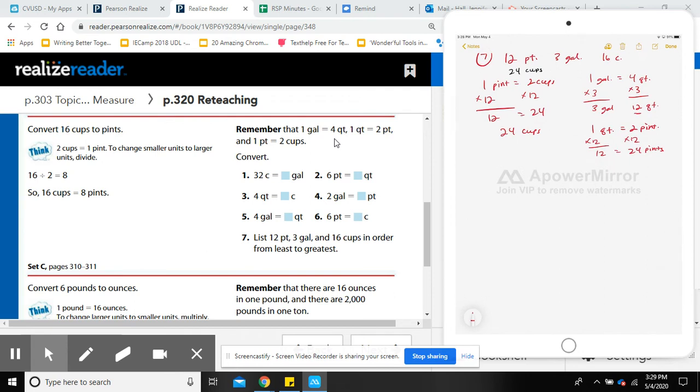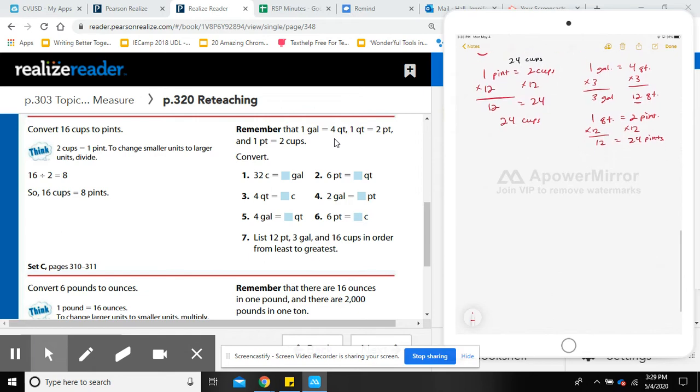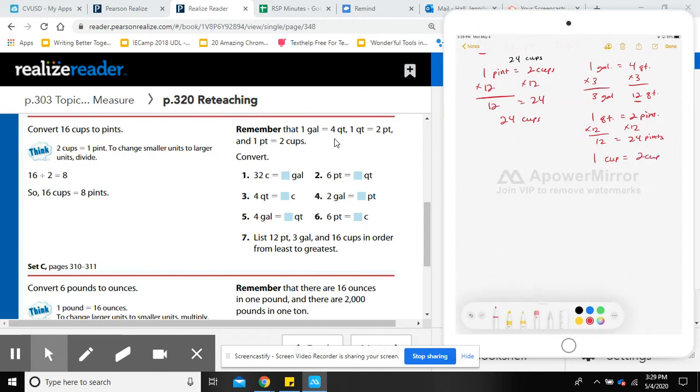And we're almost there. Now we need to convert those pints into cups. So we know that 1 pint is equal to 2 cups, but we need to get to 24 pints.